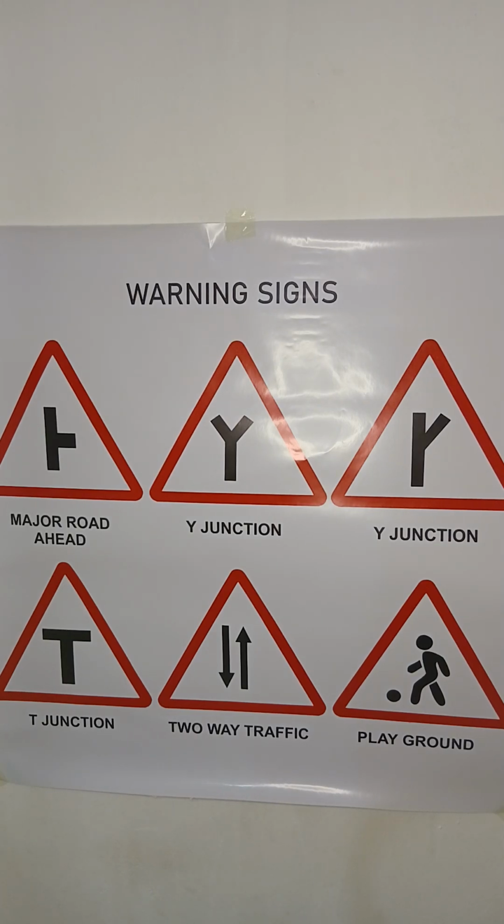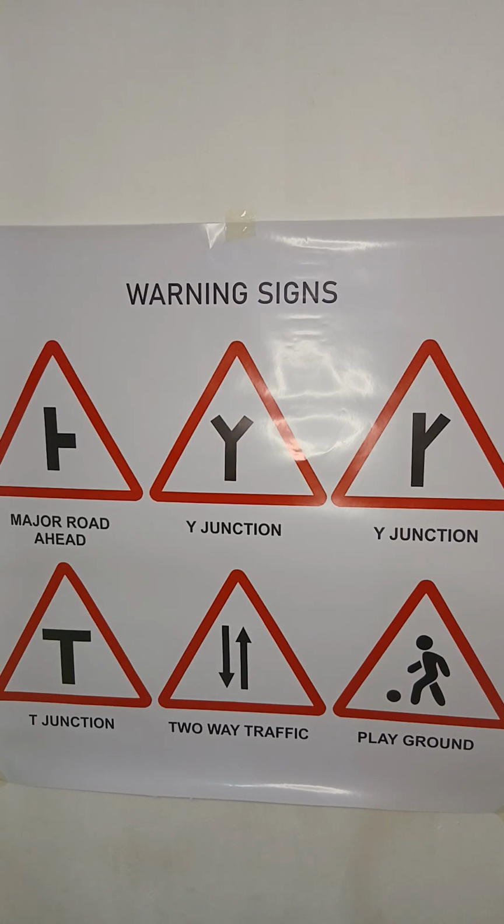So if this is facing me, it means that I am about to reach a place where the road I am going to enter is the major road. So the road I am on is a minor road, and I will prepare myself to give way to the cars which are already on the major road.